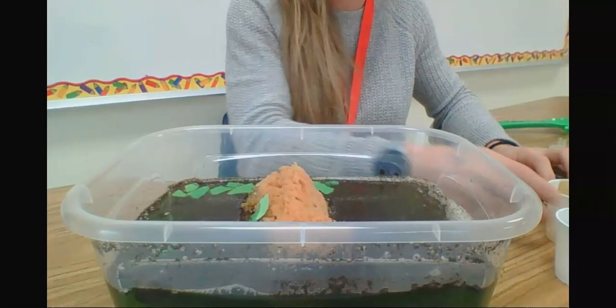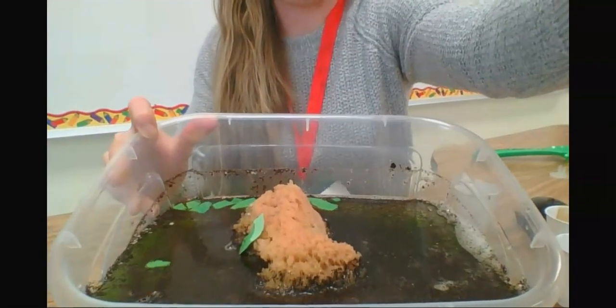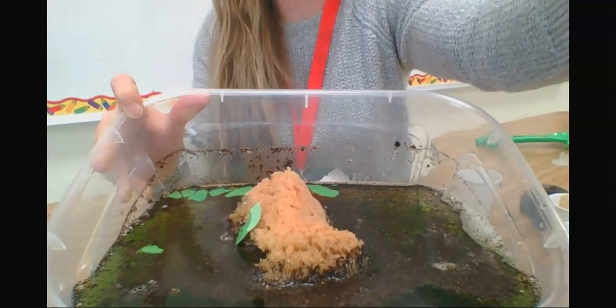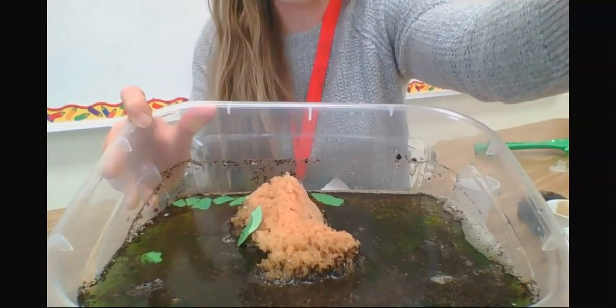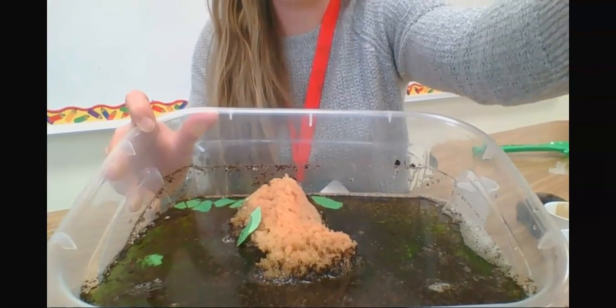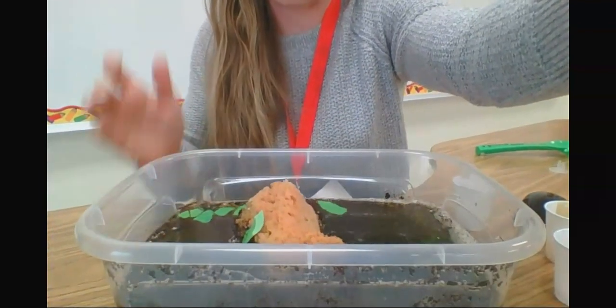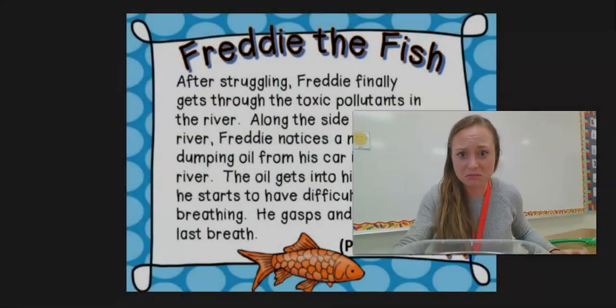Oh no. Check Freddie out. He's no longer able to move. That air pollution, that water pollution was too much for sweet Freddie to handle. And that is what water pollution does to animals.